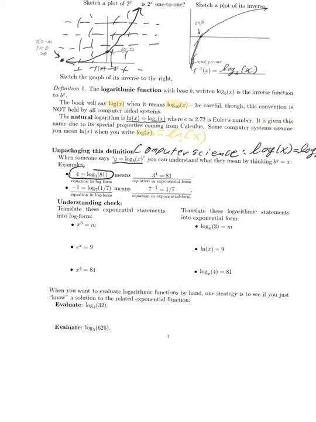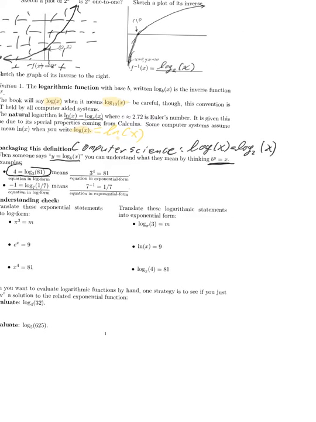So y is equal to log base b of x means exactly the same thing as b to the y is equal to x. I'm going to write that down off to the side: log base b of x equals y means b to the y is equal to x.